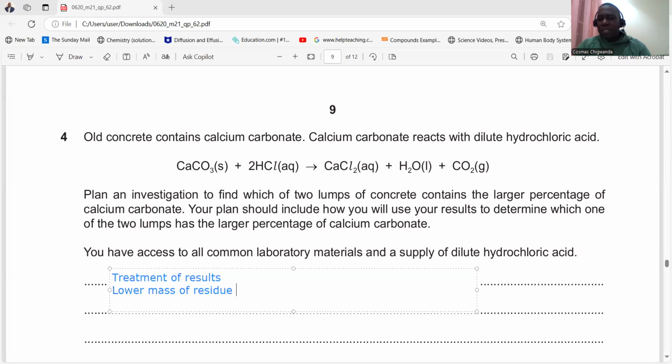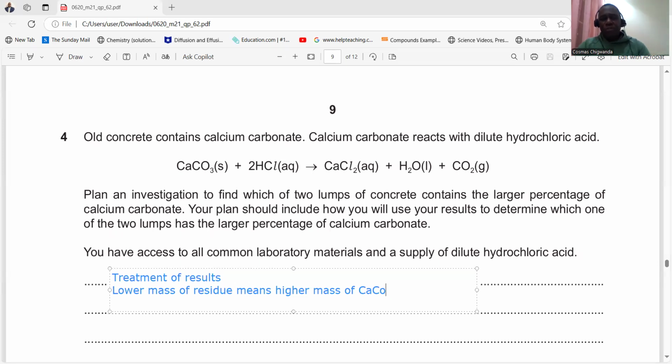It means a lot of it was calcium carbonate, which means a lot of calcium carbonate dissolved. So lower mass of residue means higher mass of calcium carbonate.